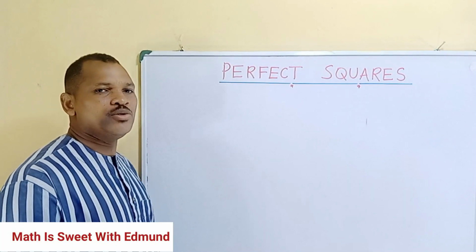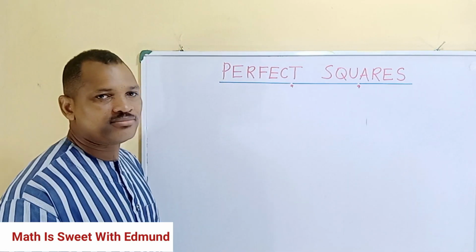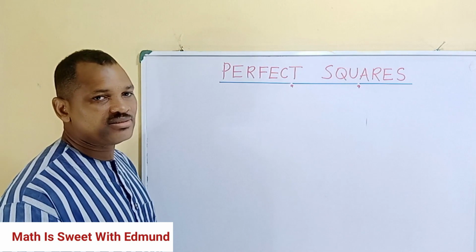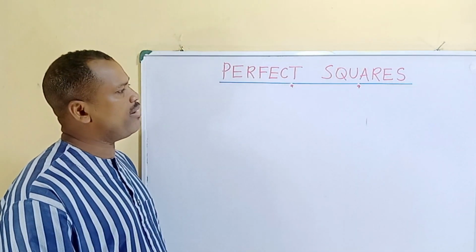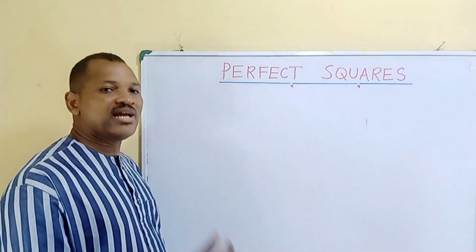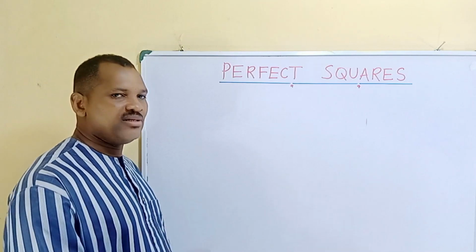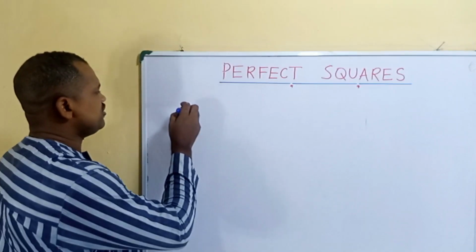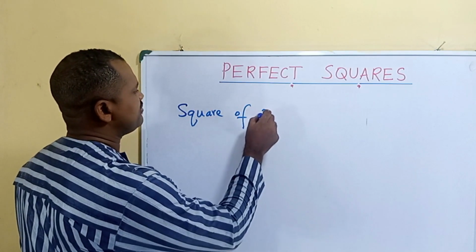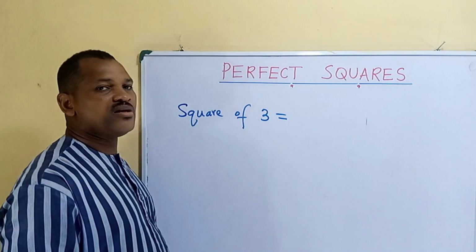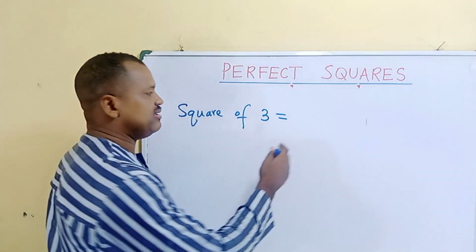Now, in our previous video we treated squares of numbers, and we saw that the square of a number is what you get when you multiply the given number by itself. The square of 3, for example, is the number you get when you multiply 3 by itself.